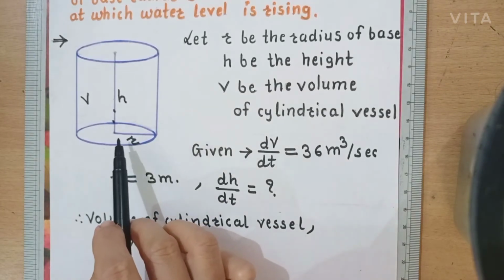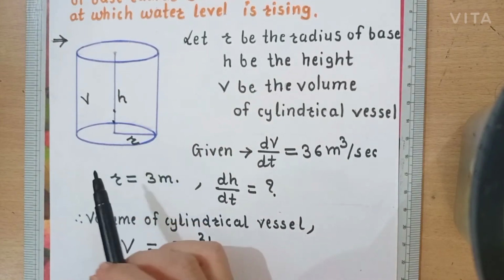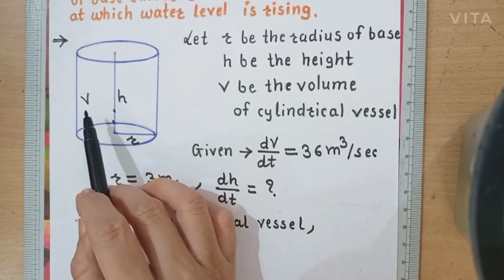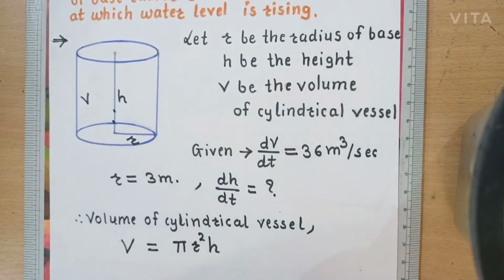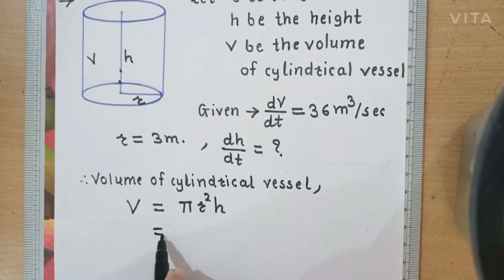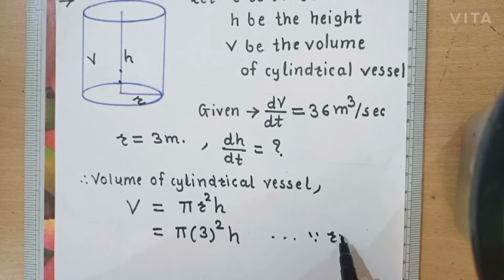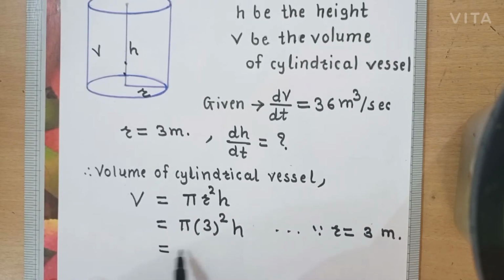Now check here, the radius of the vessel is constant. Only h and volume are increasing with respect to time. First we will substitute here pi, r is 3 meter as given, and h. Since r is equal to 3 meter, that is equal to 9 pi h.